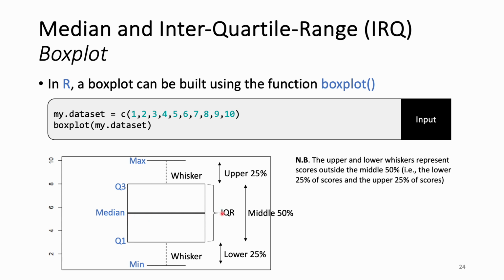The thick line in the middle is the median value. In the box plot, we also have an upper whisker and a lower whisker, which represent the scores outside of the middle 50%, so the upper 25% and the lower 25%.